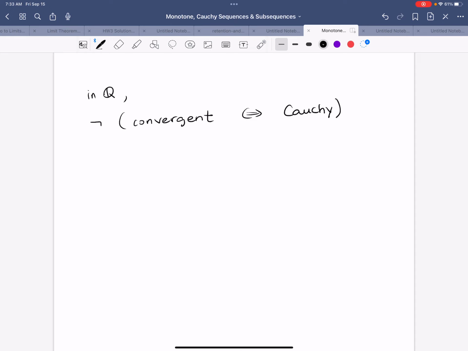So you can have a sequence, and let me put here in Q. So Sn is a sequence of rational numbers.